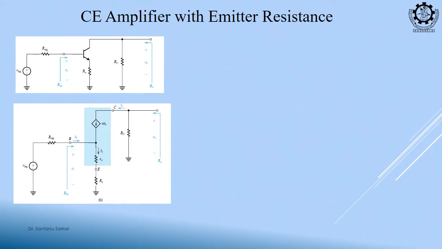So, what is your IB? IB is equal to say VI by R pi, and IE is equal to VI by, this is a T network.